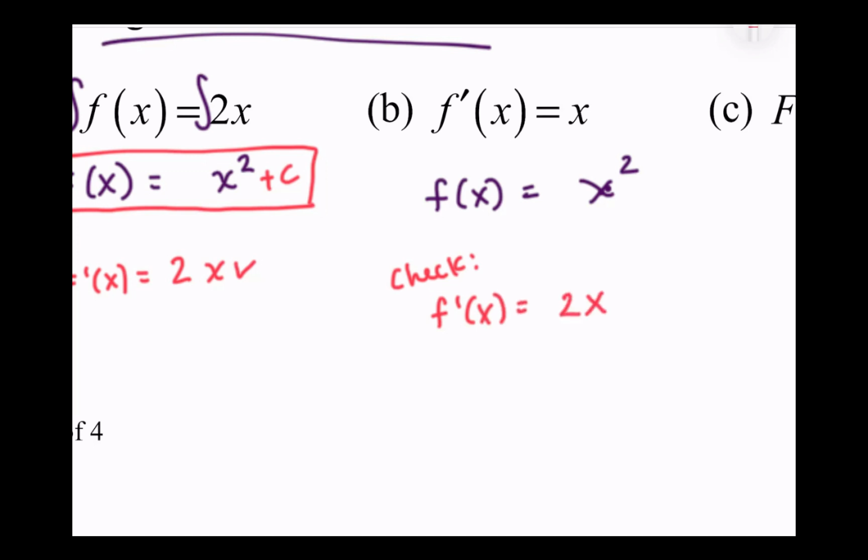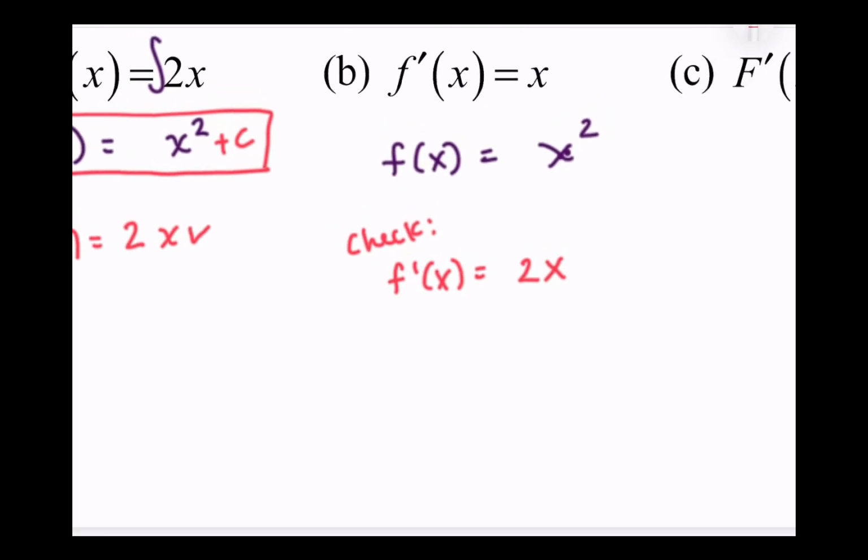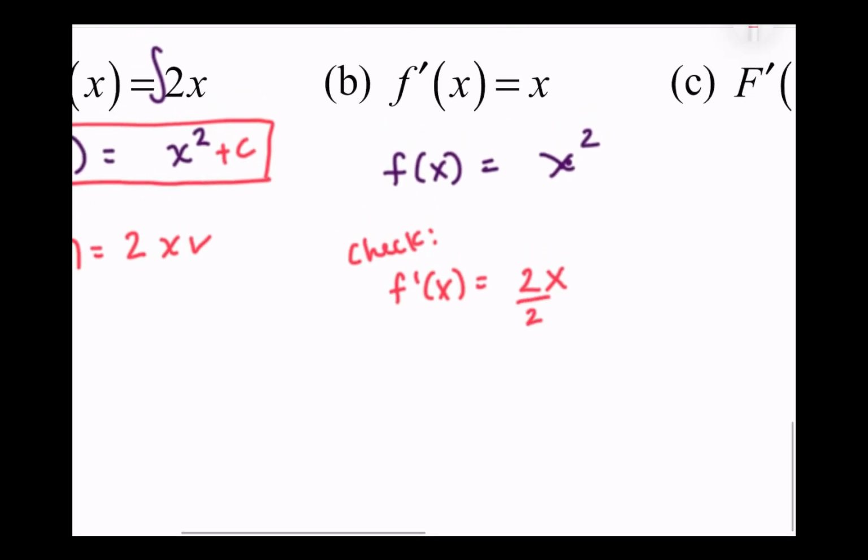So I have this 2 that I don't want. But to get rid of it, I could divide by 2, and then it's 1, just like the 1 that I want. So in my antiderivative, I need to include that 1/2, because then the 1/2 and the 2 cancel each other out. And then don't forget your plus c.